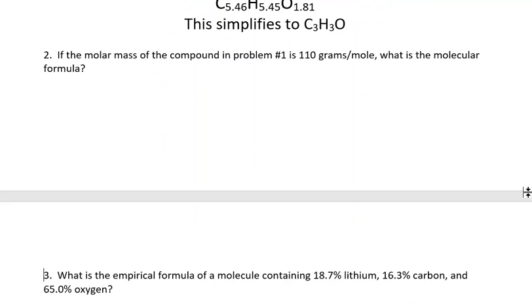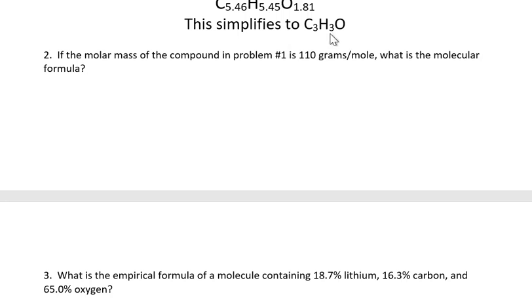Let's answer that. So the way we answer this question is that we go now to the periodic chart and we look up what the molecular mass of that compound would be for 1 mole. So we take 3 carbons, 3 hydrogens, and 1 oxygen and add those up. And if you add C3H3O up, you don't come up with 110 grams, you come up with 55.03 grams.